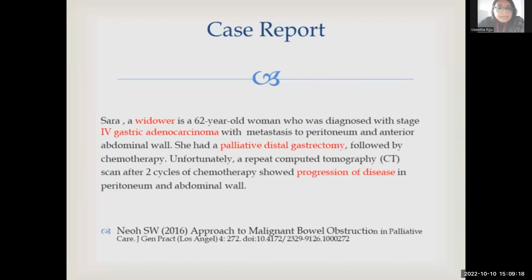She had a palliative distal gastrectomy done, followed by chemotherapy. Unfortunately, a repeat CT of the abdomen after 2 cycles of chemo showed that she was progressing in her disease. Okay, so we are going to get back to the story of Sarah after a couple of slides.